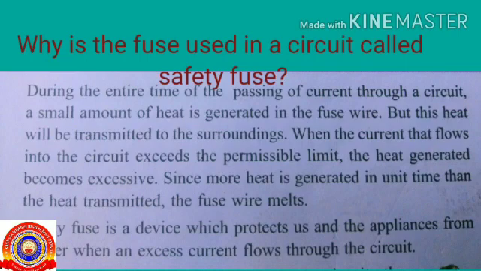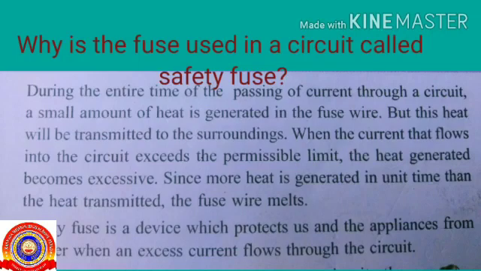Next question, why is the fuse used in a circuit called safety fuse? During the entire time of the passing of current through a circuit, a small amount of heat is generated in the fuse wire. That we know. But this heat will be transmitted to the surroundings.